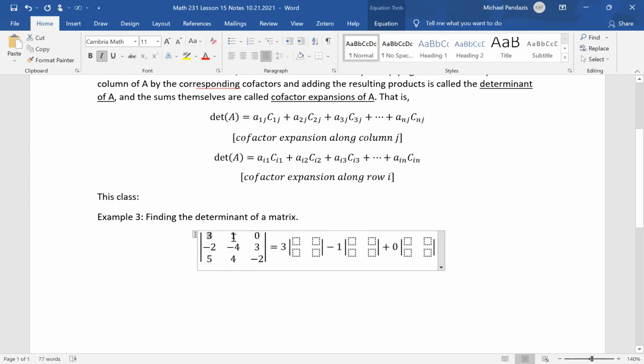For each of these corresponding entries, whether plus or minus, depending on the checkerboard pattern, you take the entry and remove the row and column that entry is in.